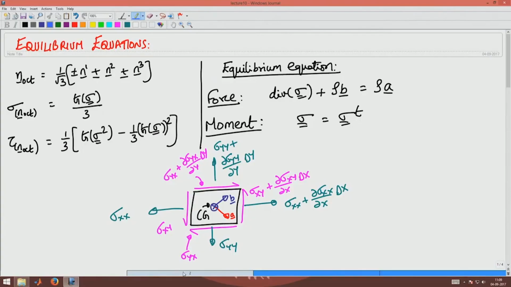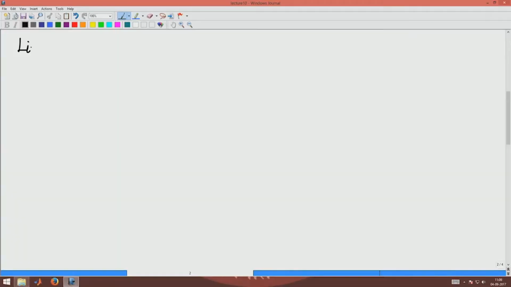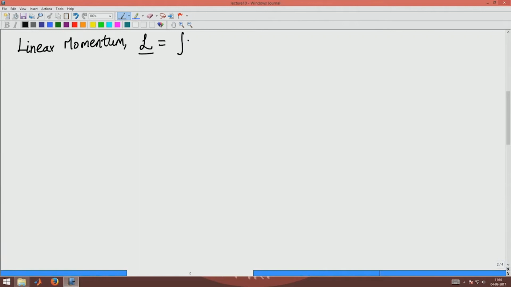So, moving on, for understanding what force equilibrium is, you have to state Newton's second law, for which you have to first define the linear momentum, denoted by vector L. Linear momentum is defined as mass times velocity. So, for us, mass times velocity means we will have the integral of velocity times rho dV, where rho is density.